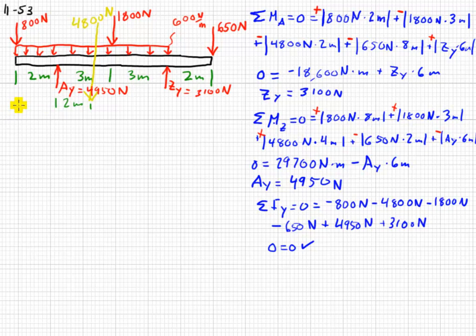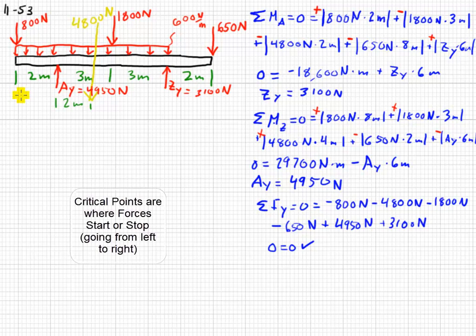Third step in the setup is to sketch vertical lines below the beam sketch for what's called critical points. So I do one on each end, a solid one on each end. And then anywhere there is a change in force, where a force starts or stops, I do a dashed line. I like to keep it green.